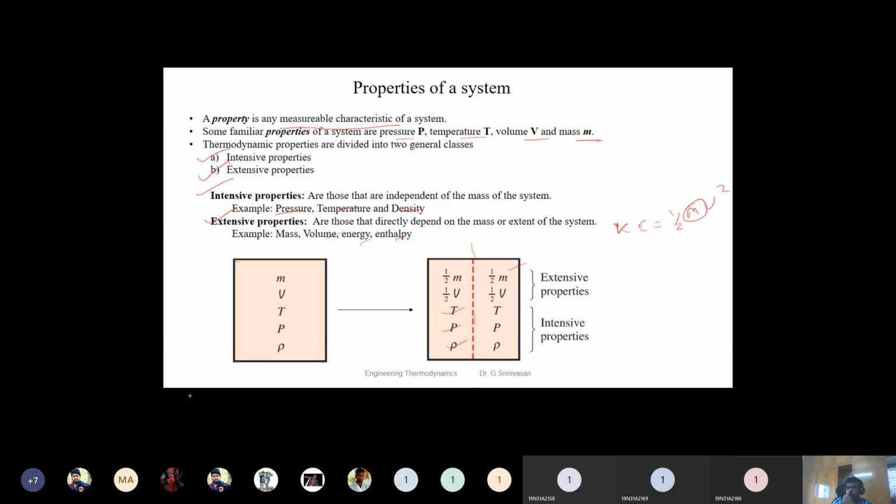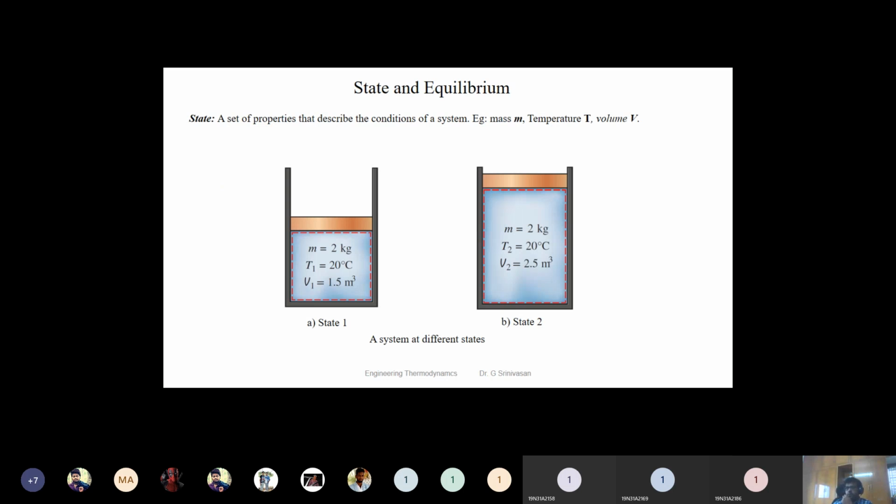Then state and equilibrium. What is a state? A state is one particular stage, let's say at time equal to 3 p.m. At 3 p.m., what is the state of the system? If you look at temperature and volume, what is the state of that system?